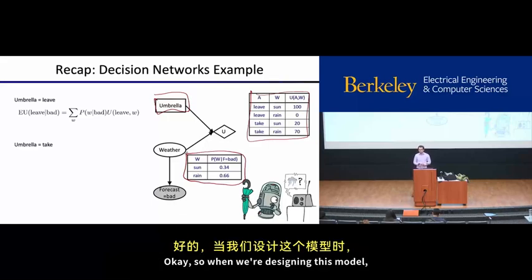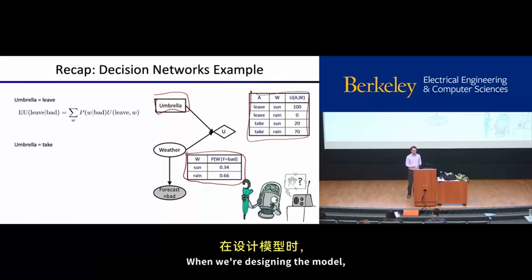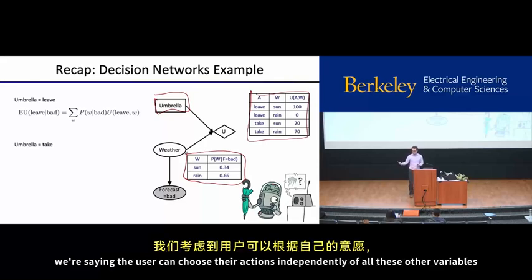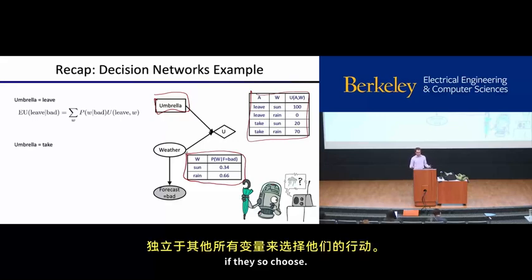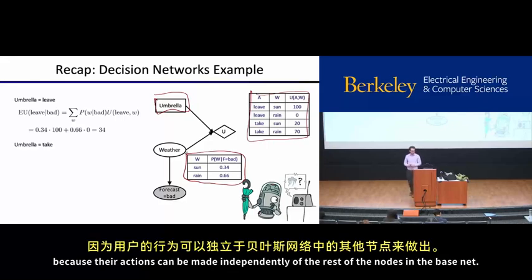And then we multiply by the utility of leaving our umbrella behind and seeing that that was the weather. So for each of the possible outcomes, we get its utility from our utility table. We multiply by the probability of that outcome based on our Bayes net, and then we sum those things together. And so we can do that for this example. We get 34.